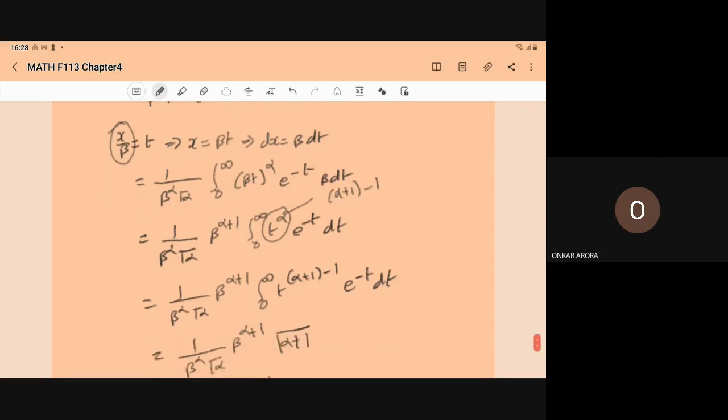So that is what I have written here: 1 upon beta to power alpha gamma of alpha, beta to power alpha plus 1, integral 0 to infinity t to power alpha plus 1 minus 1 e to power minus t dt.